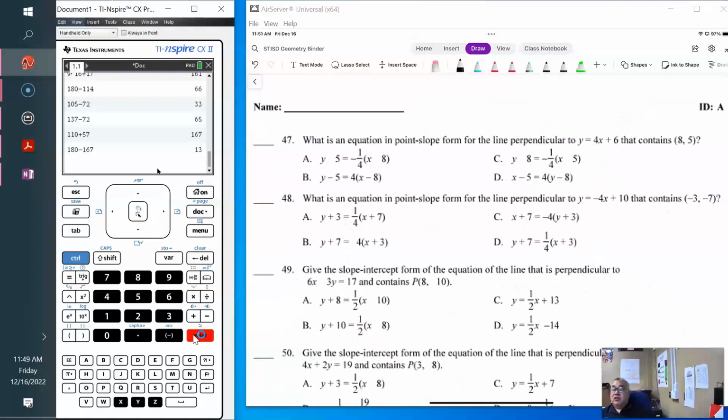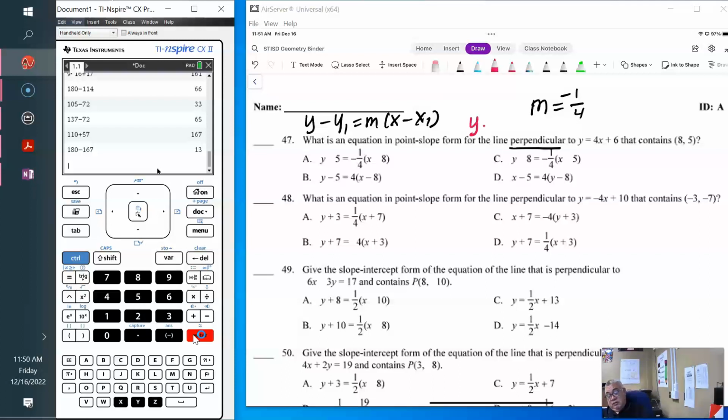47. What is an equation in point-slope form? Point-slope is y minus y1 equals m times x minus x1. And we want a perpendicular slope. So we know the slope is going to be 4, so the perpendicular slope is negative 1 over 4. Now to find the equation in point-slope form, all you have to do is substitute.